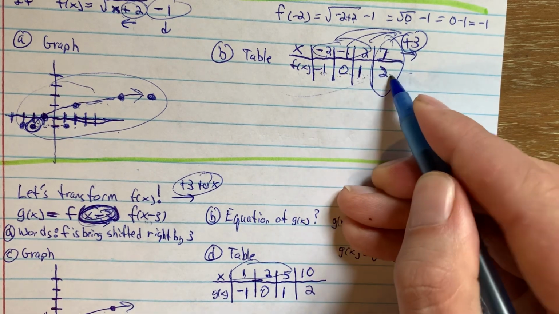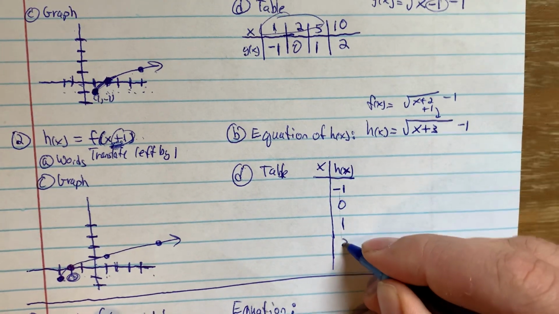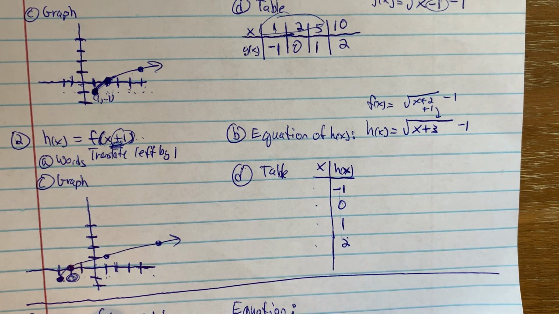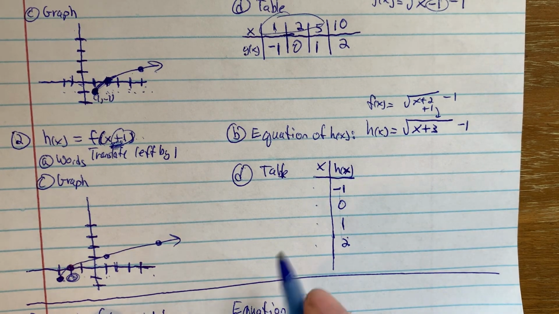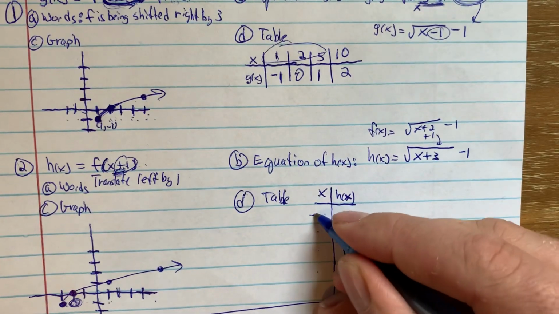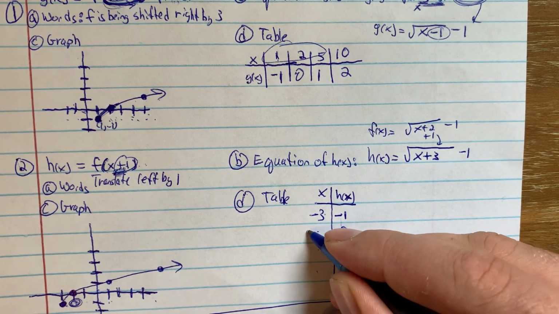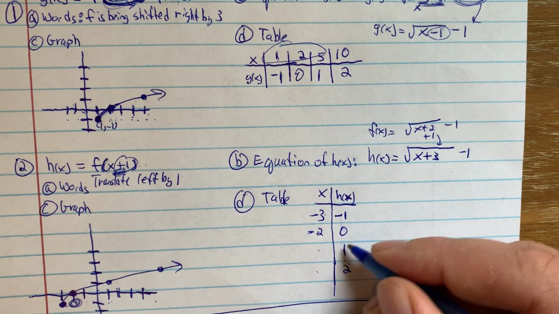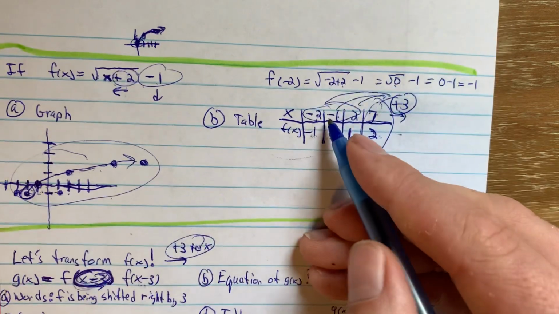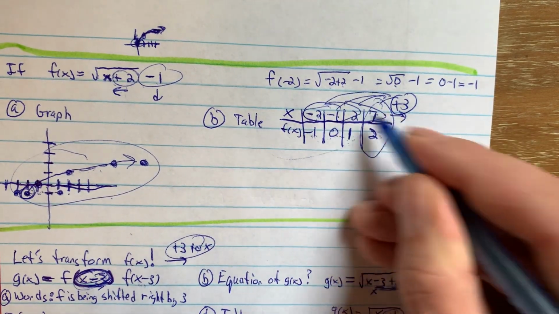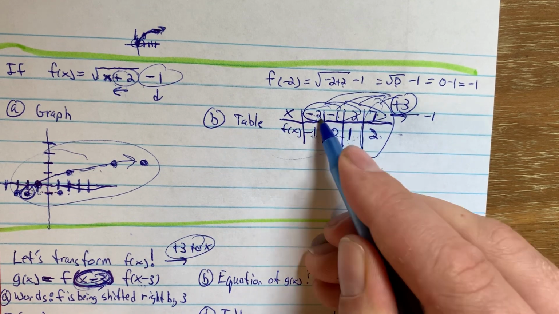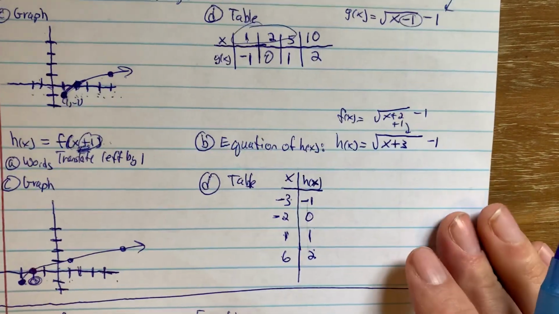But where they happen is going to be to the left by 1, and so the x values from what they used to be needed to go down by 1. So -3, -2, 1, and 6. So I just took each of these x values and I subtracted 1 because if the x values move to the left, all the x values need to be less by 1.